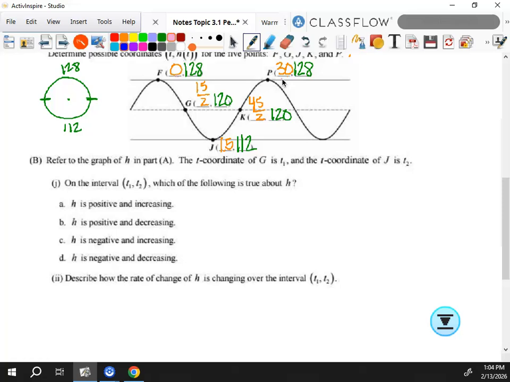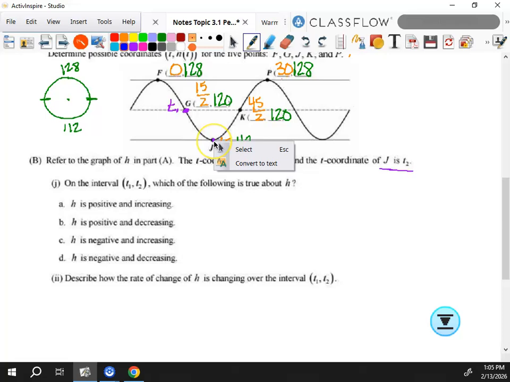All right, so with all that said, let's look at B. It says refer to the graph of H in part A, and the T coordinate of G is T1. So here's G, this is T1. And the T coordinate of J is T2.